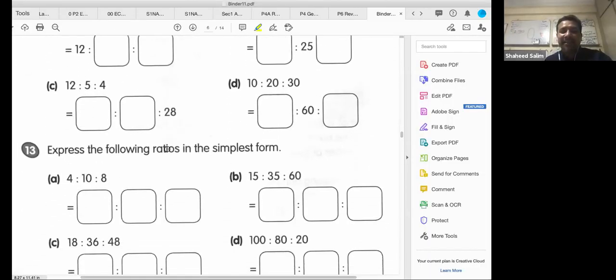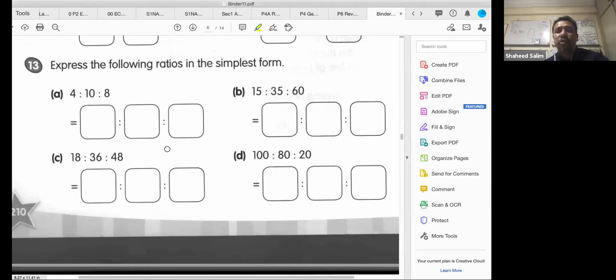Can you try now? This one now they want you to do it in simplest form. Simplest form. Well done, Mr. Raidi.